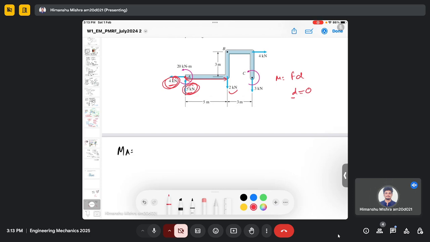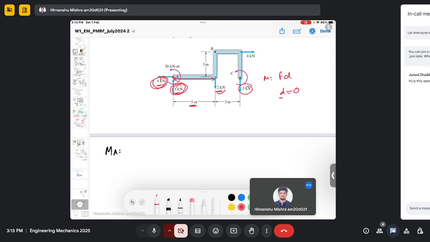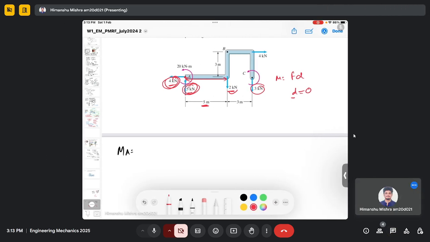So the first of the 2 points is to identify the perpendicular distance, and for this 2 kilonewton force the perpendicular distance is 5 meter. For 3 kilonewton, the perpendicular distance from point A is this, 5 plus 3, which is 8 meters. Then we can also look at this 4 kilonewton force.